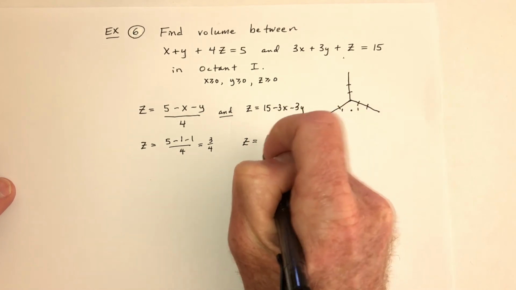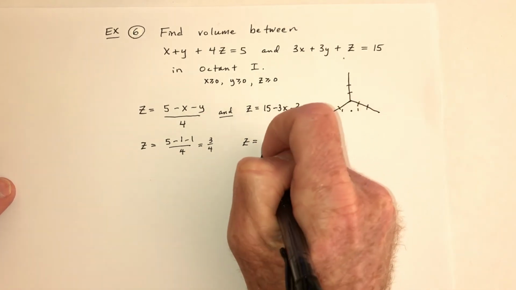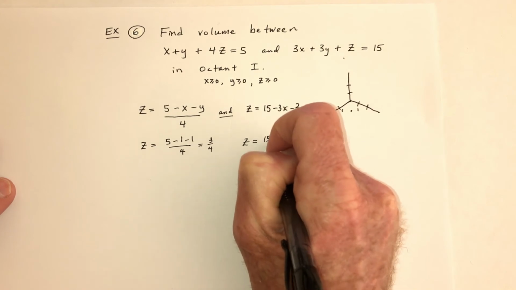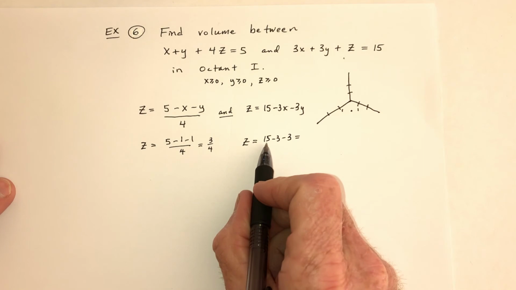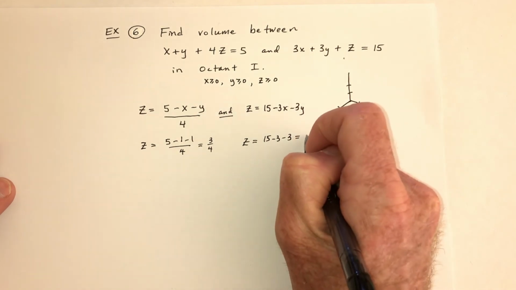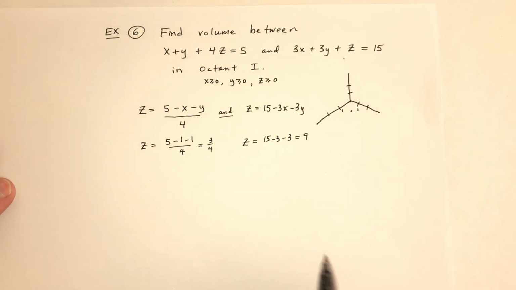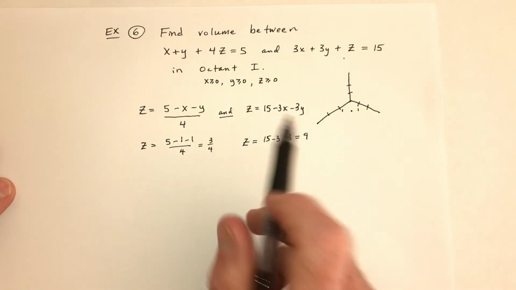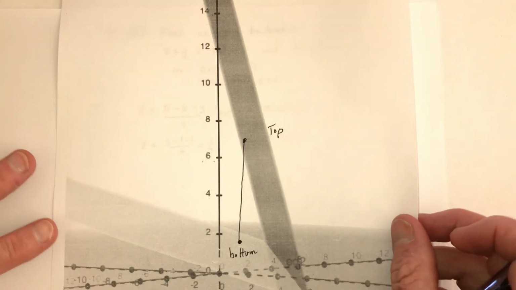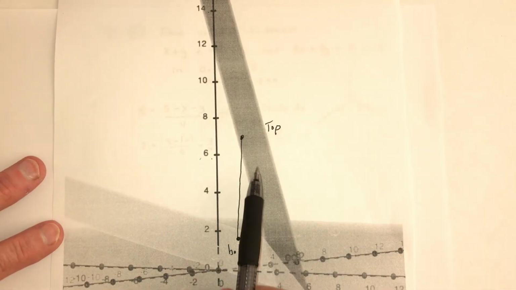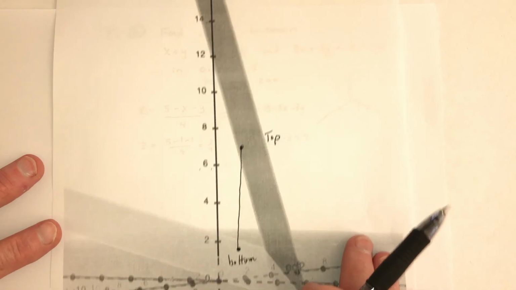For this one, plug in the same point, 1 and 1 for x and y. This one will be 15 minus 3 minus 3. So that's 9. 15 minus 6 is 9. So it turns out this is the top one. And if you do look at the picture, so this is the top one.